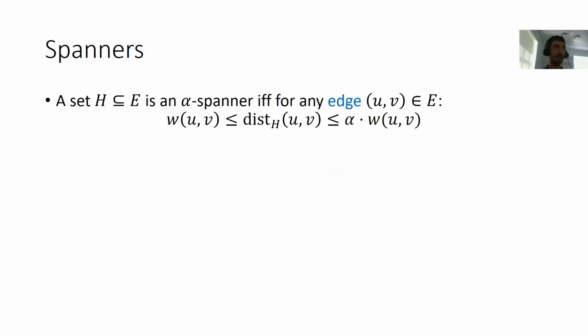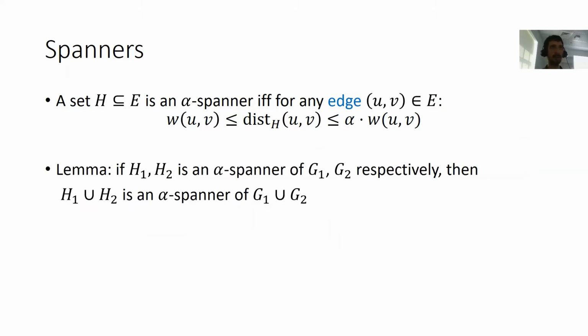So as hinted before, we can define the spanners alternatively, not on distances, but on edges. A set H is an alpha spanner if for any edge we have a path on the spanning graph which is of weight at most alpha times the weight of the original edge.